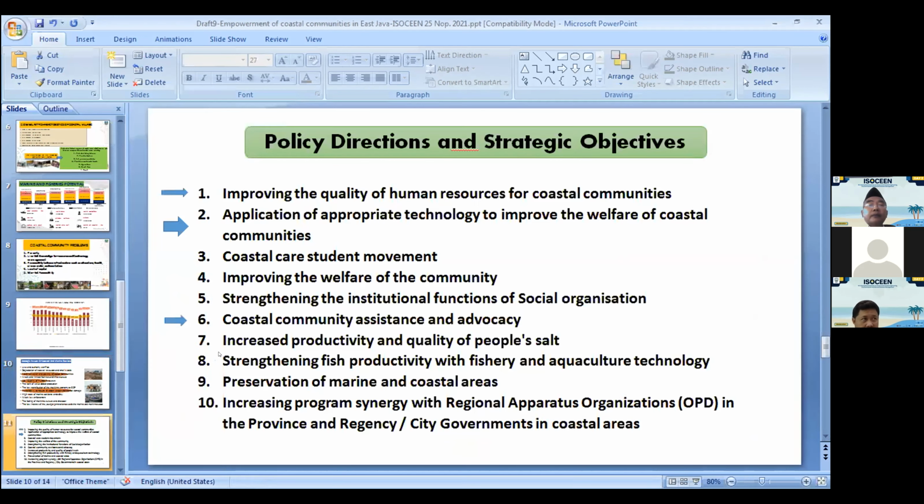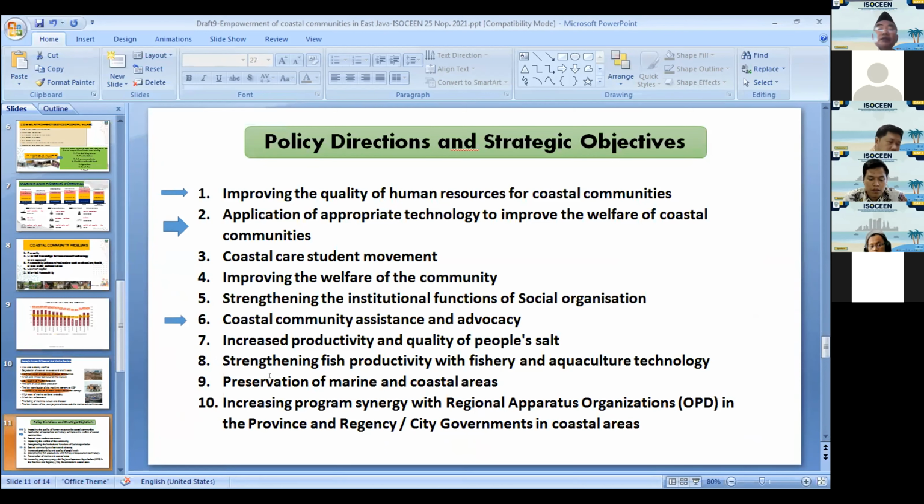All right, and then when we have problems like that, we make policy and strategic objectives. I took ten items, but I just put three: number 1, number 2, and number 7.